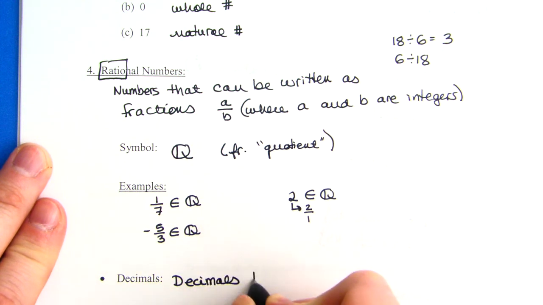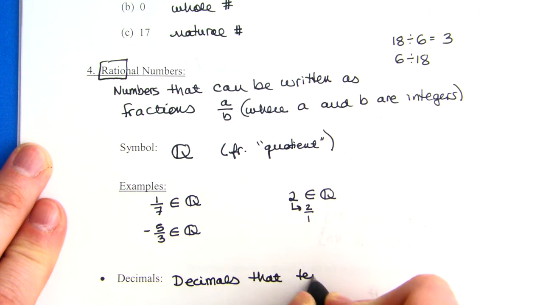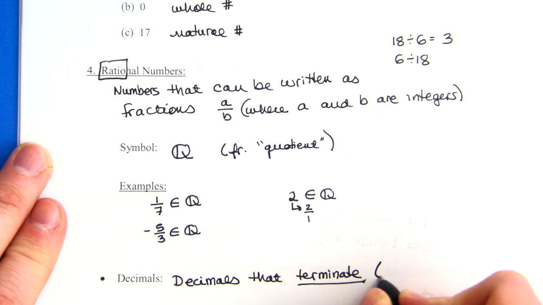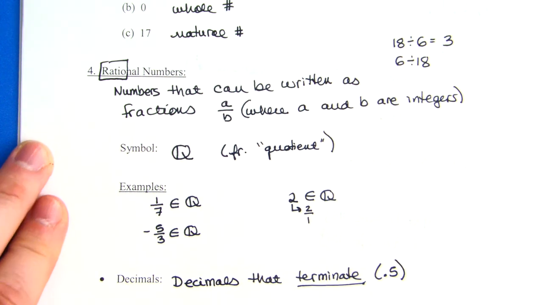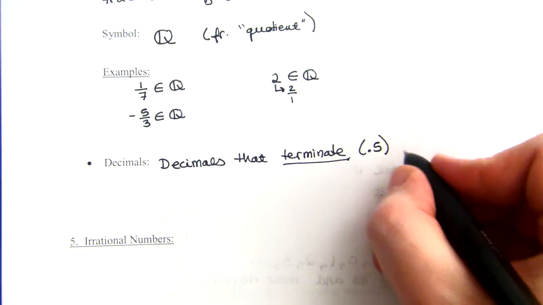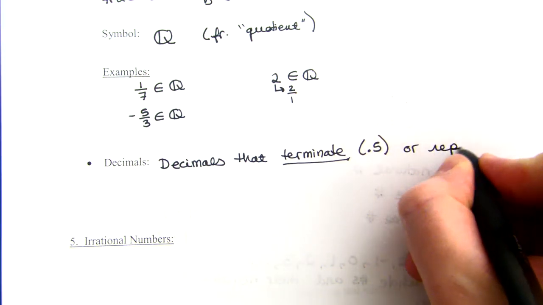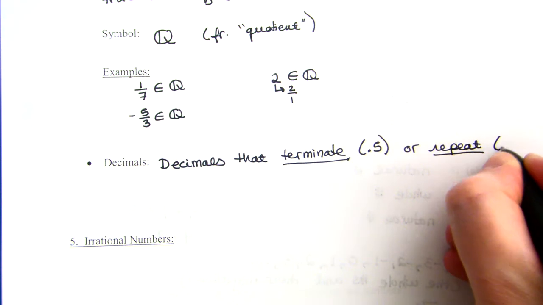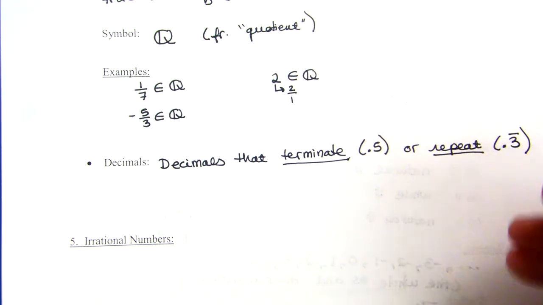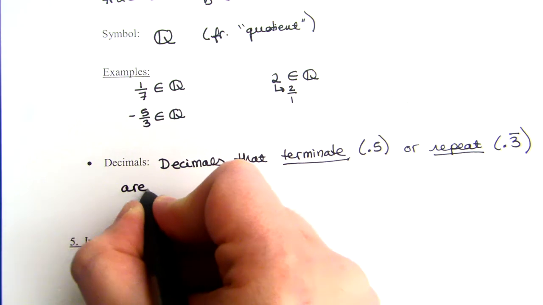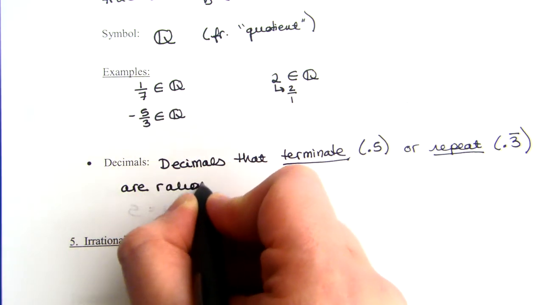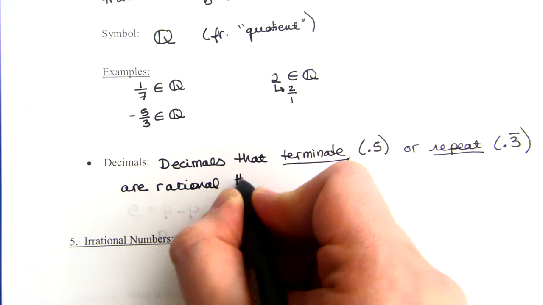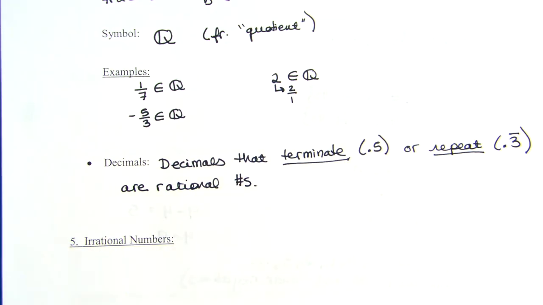Decimals that terminate, things like maybe 0.5, or repeat, maybe like 0.3 with a repeating bar over it, are rational numbers.